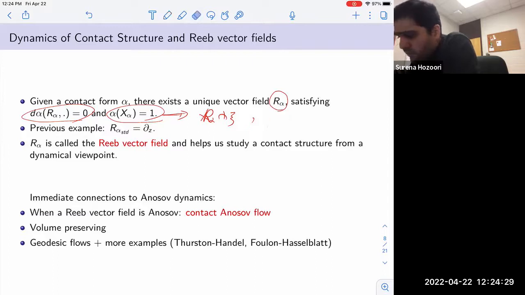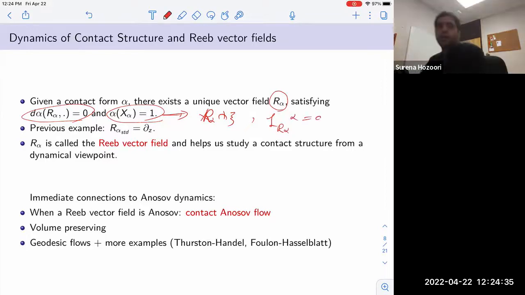Well, let's say it even preserves the contact form, so definitely it preserves the kernel of alpha. Okay, and it turns out that for any flow transverse to the contact structure and preserving the contact structure, you can show that it's a Reeb vector field for an appropriate choice of contact form.